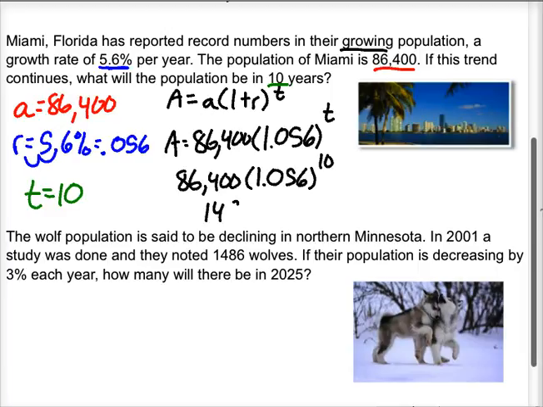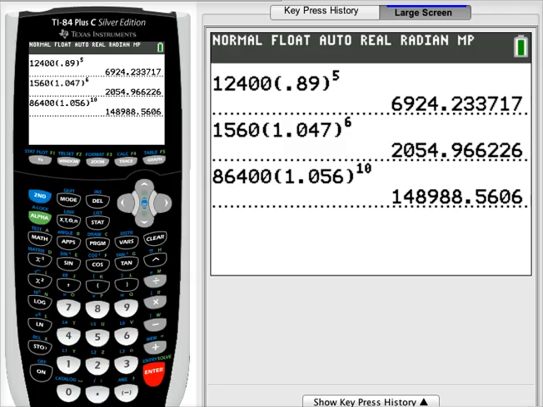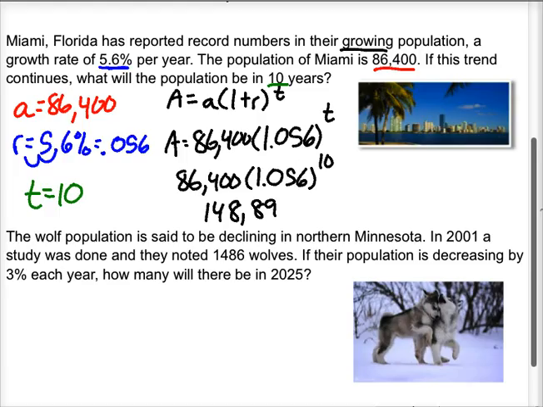So 148,890. Oh, just want to make sure I write this down properly. 989. I apologize. 989 people will be living in Miami.